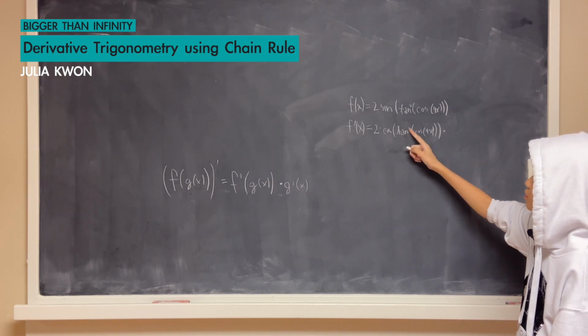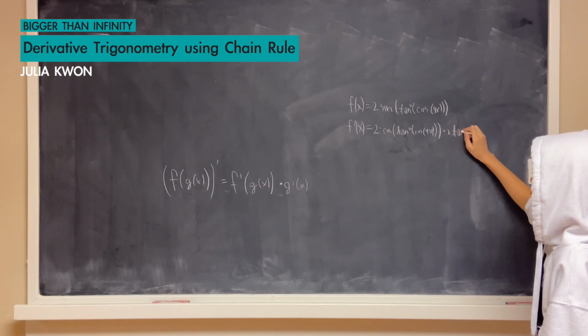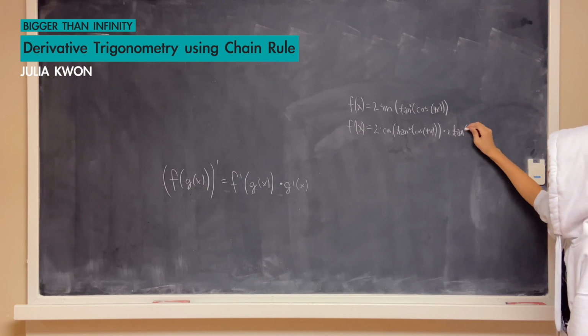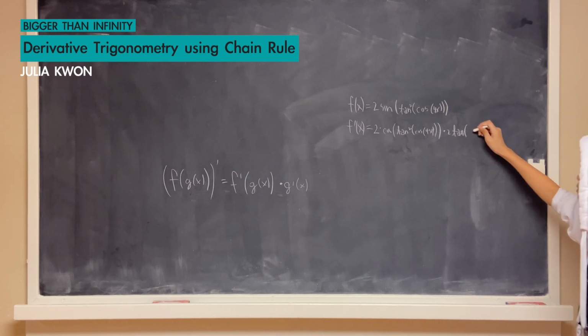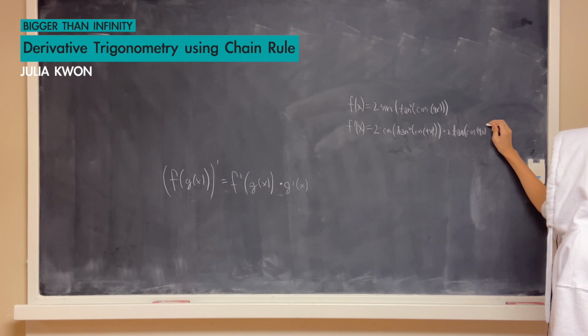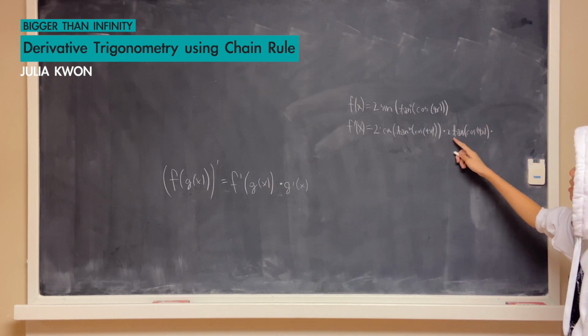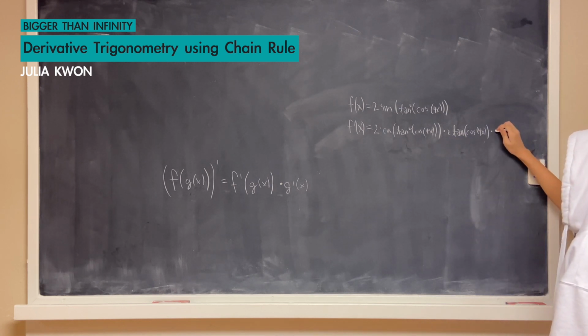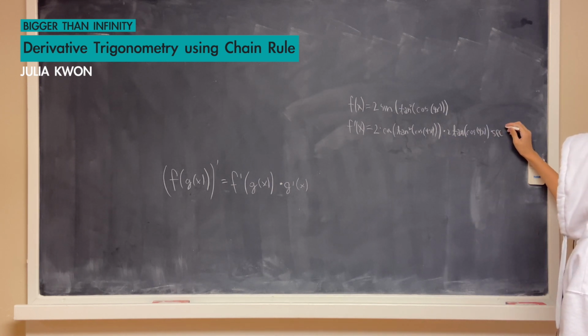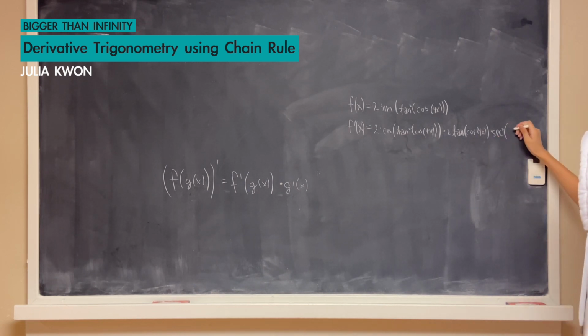So the 2 comes down first, and then we would take the derivative of the tangent. So 2 times tangent of cosine of 4x, and then we can take the derivative of the tangent, which is secant squared, and just leave this alone, so cosine 4x.